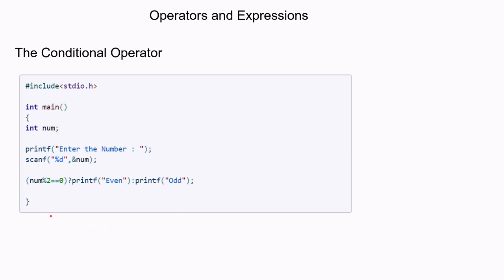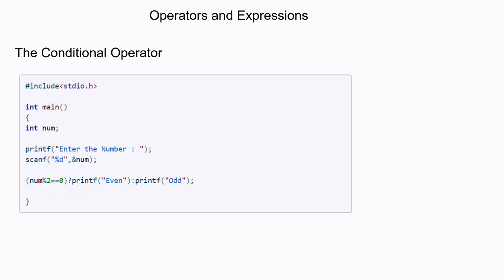Here's a quick example of them, which determines whether we print out that a number is even or a number is odd. So the first thing this does is it gets a number from the user. You have to type in a number, and it will store that in num. Then we have our ternary expression here.